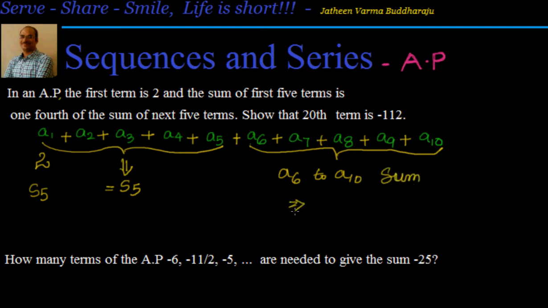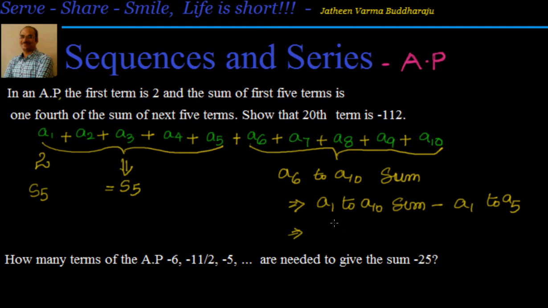It is equal to: if I add all from A1 to A10, the sum, minus the sum A1 to A5, that is nothing but A6 to A10. If you add A1 to A10 and subtract A1 to A5, you will get A6 to A10.